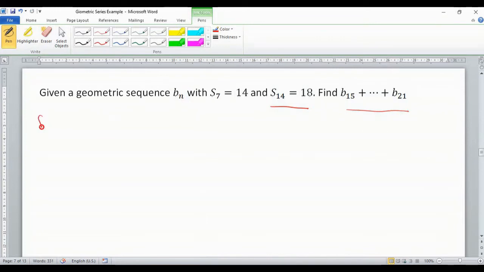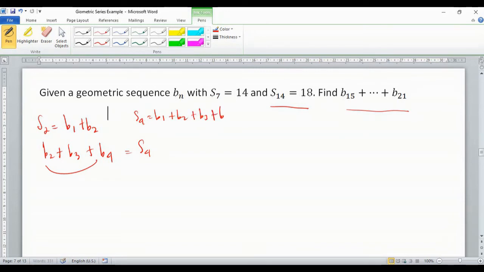If I wrote S2, that means B1 plus B2, right? How about if I wrote B2 plus B3 plus B4? Okay, so that's the meaning. If the total of them is S4, then S4 is equal to B1 plus B2 plus B3 plus B4.